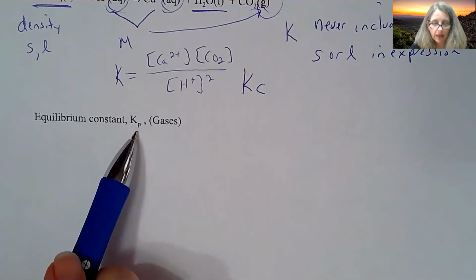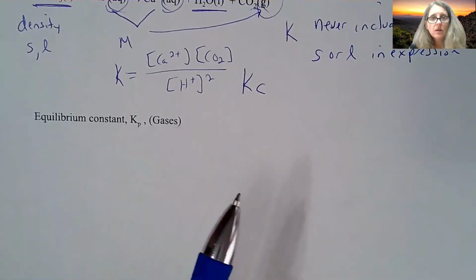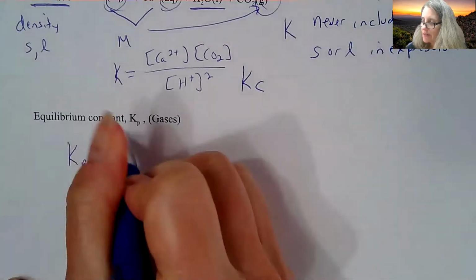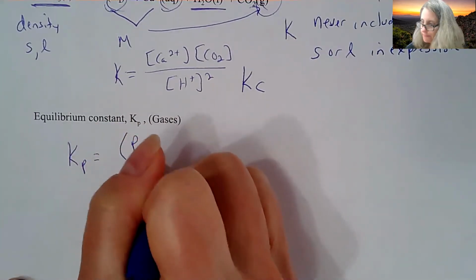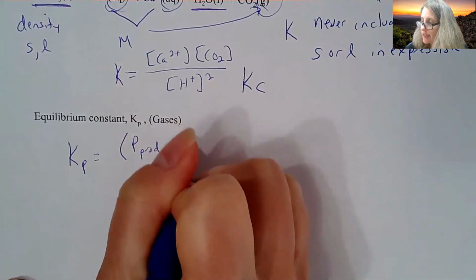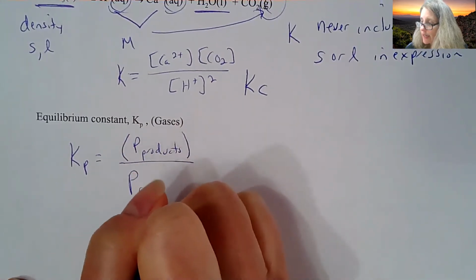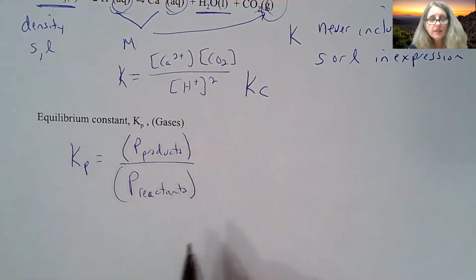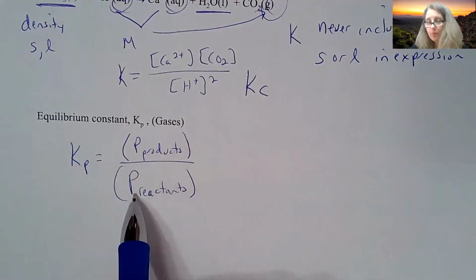But you're also going to have something called Kp, and this is for gases. Kp is exactly the same as Kc, except you're looking at pressure. What you're going to see are things in parentheses, and it's going to be pressure.